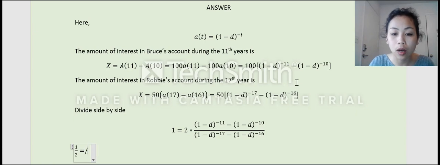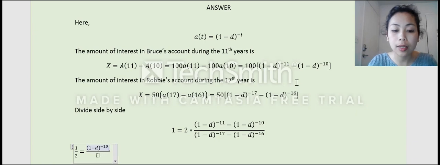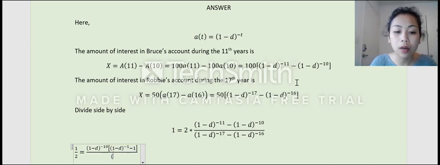So 1/2 equal to, on the top, if I bring (1 minus d) to the power of negative 10 outside, inside I have (1 minus d) to the power of negative 1 minus 1, over, at the bottom, I bring (1 minus d) to the power of negative 16 outside, times (1 minus d) to the power of negative 1 minus 1.